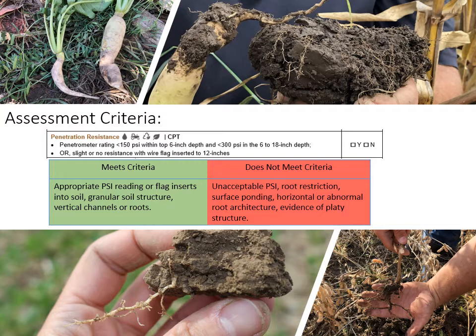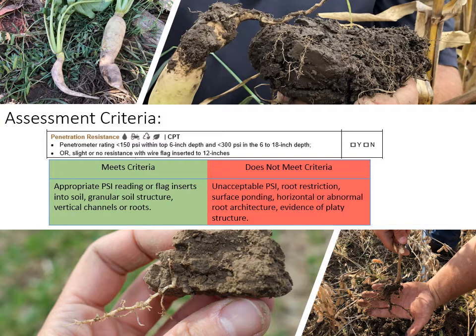And if you notice, in the last 3 or 4 slides that I talked about, I didn't mention those tools at all. That's because I really want this assessment to focus on what we're seeing and what those plants are telling us out there, because they are such a great indicator of root restriction, of penetration resistance, and of being unable to push through those horizons when they're compacted like that.